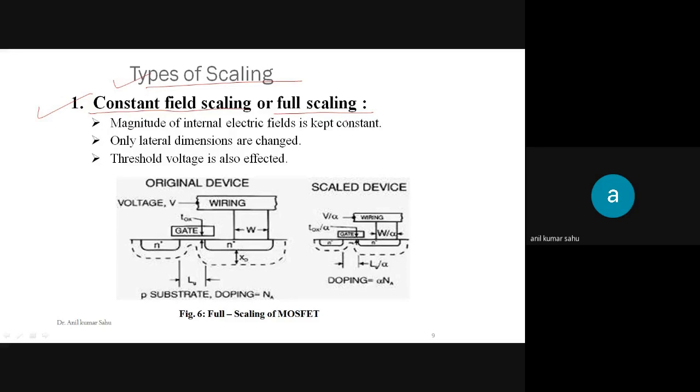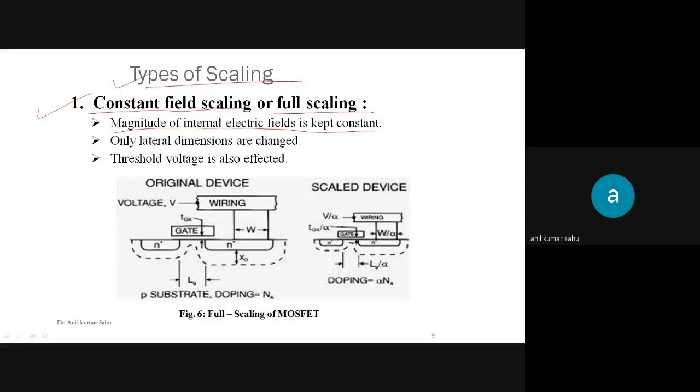First of all, we will see constant field scaling, also known as full scaling. In this kind of scaling, the magnitude of the internal electric field is kept constant.